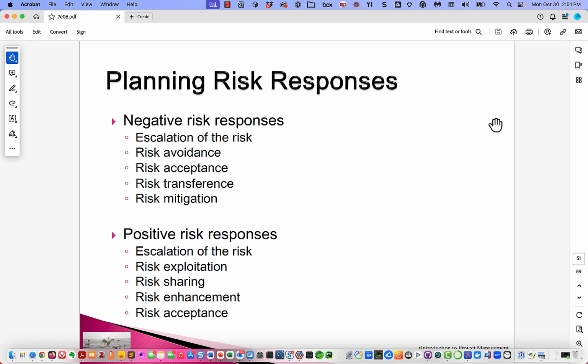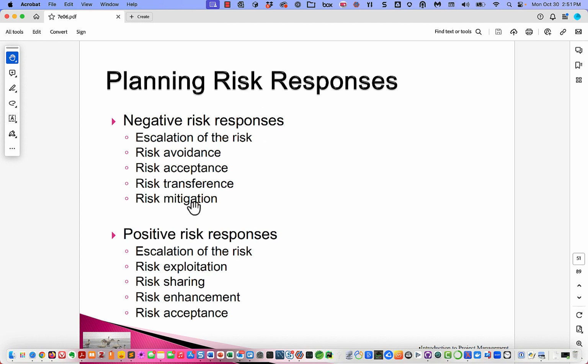Another thing we have to talk about is planning risk responses. It's very interesting to think of what you are going to do if the risk event happens. The language that we apply to these is a little different based upon if we see this as a negative risk or a positive one.